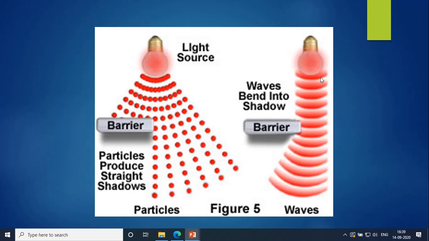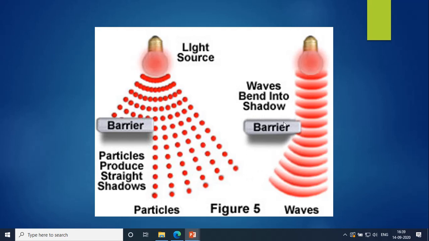Then if you take the second example, where light is emitting in the form of waves, and again hold the barrier in the path of light, the waves are now bending at the edges of the barrier and entering the region where you are expecting a shadow. In this area you expect a shadow, but some amount of light is entering this region.